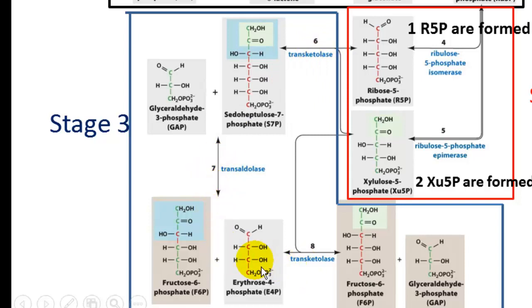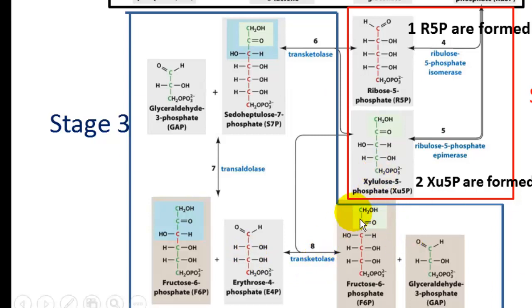Finally, the last step of the carbon-carbon rearrangement is taking that xylulose 5-phosphate, the one that was left over from before, and reacting it with erythrose 4-phosphate. That is a transketolase-catalyzed reaction dependent upon thiamine pyrophosphate.